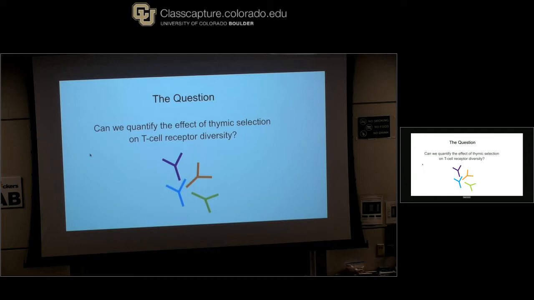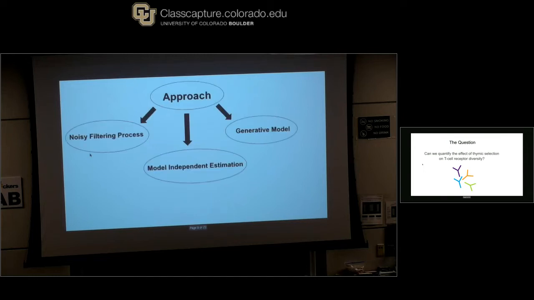We quantify this change by measuring the change in the entropy of the ensembles before and after thymic selection. Ideally we want to do it at both the individual scale and the population scale. Now that we have set up the question, we can think about what approaches we'd like to use to address it.